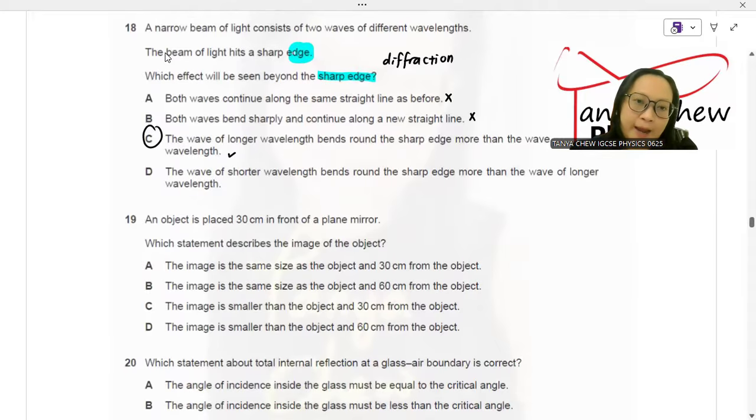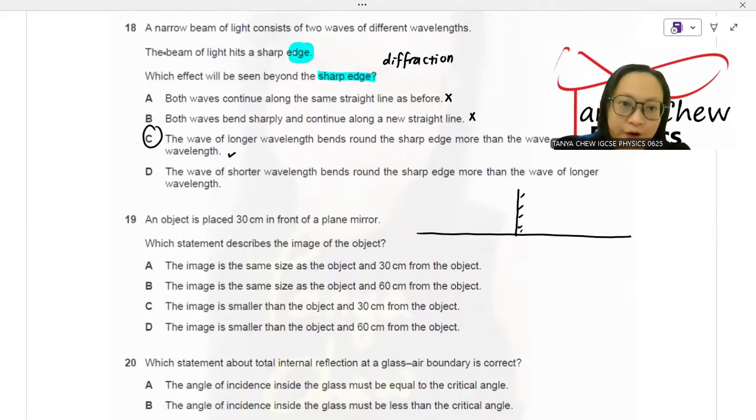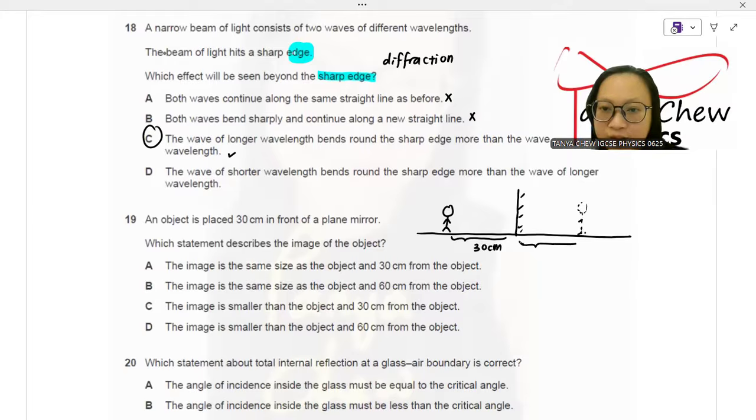Number 19. An object is placed. Okay, I draw a plane mirror for you. This is a plane mirror. This is the back of the mirror. This is the front, where the object is facing. So this is an object which is 30 cm in front of the plane mirror. What about the image? The image must be the same distance behind the mirror, so it has to be 30 cm as well.